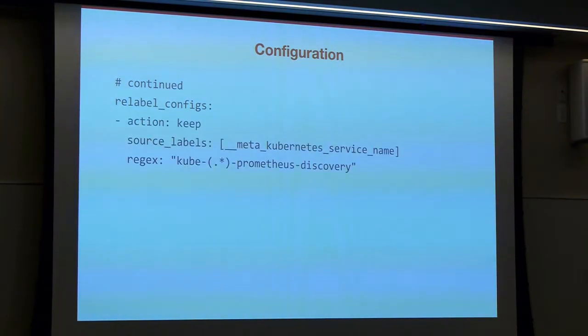So this is the first example. The Kubernetes service name, we provide as a meta label and say, okay, for every Kubernetes service name, if it's matching kube-something-prometheus-discovery, then we want to scrape that. Everything which does not match this regular expression will not be considered and will not be scraped.